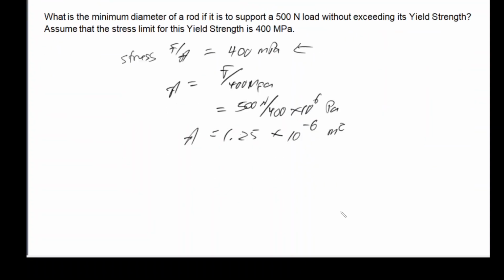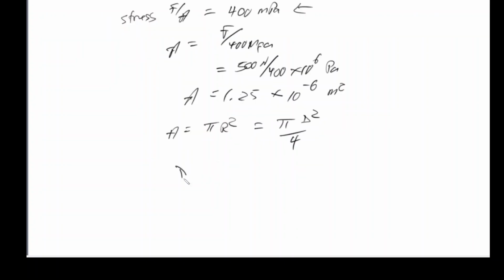And we also know that area is equal to pi r squared, which is equal to pi d squared over 4, or d squared is equal to 4A over pi, which is equal to 4 times 1.25 times 10 to the minus 6 over 3.14.